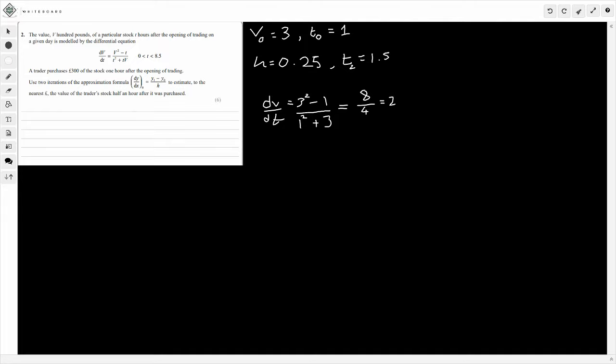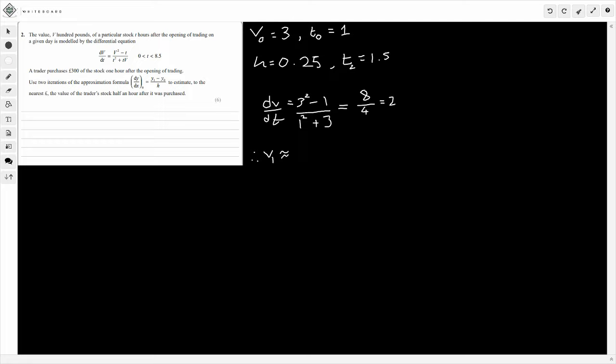Now all we need to do is work out the new V1, right? So how do we work out the V1? Notice this formula here, this is the iteration approximation formula. To work out V1, imagine this is not Y1 but V1 and V0. I'd have to do a bit of manipulation, right? So this would be dy by dx times H plus y0. All I'm doing is rearranging this to get it in terms of y1. So I times across by h and I add y0. Therefore, V1 is approximately dv by dt at 0 times h plus v0.